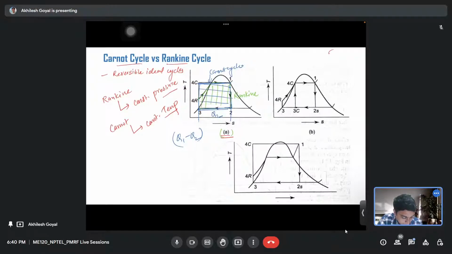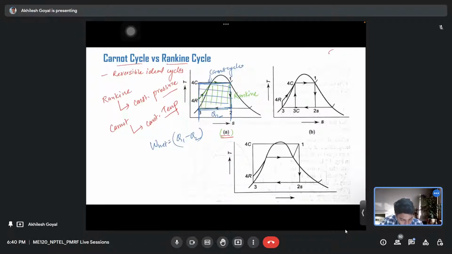I will explain it. In this figure, for the same heat rejection Q2, in the Carnot cycle the heat input is more compared to the Rankine cycle. And W net we calculate as Q1 minus Q2.